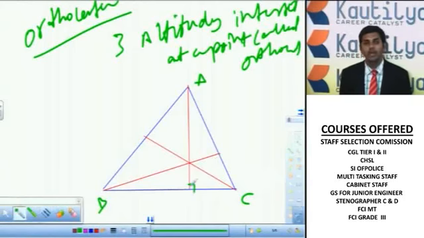Though the altitude is perpendicular, it may or may not be bisecting the other sides.